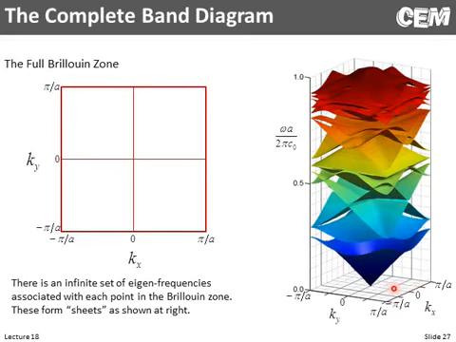And for every point, we'll come up here and plot a discrete eigenvalue. And if our points within the Brillouin zone are spaced close enough, we see that all these points here form bands or sheets. So this really is the full set of information having marched through the entire Brillouin zone. Here, we're not missing any information, so we would call it the complete band diagram.